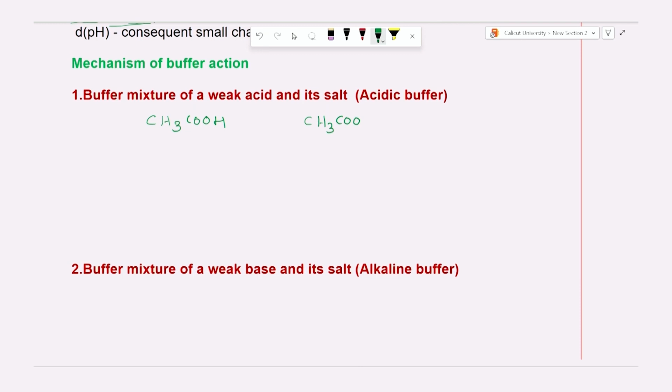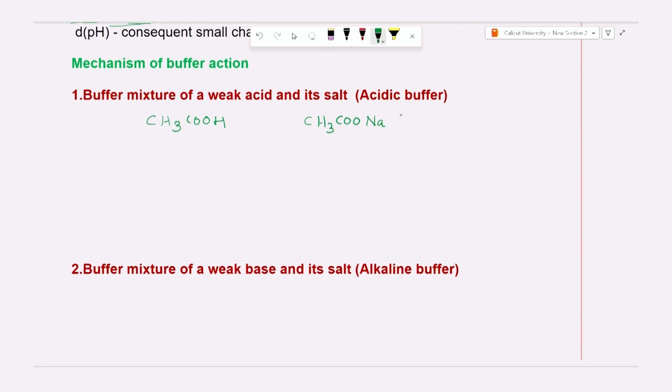You cannot put ammonium, it should come from a strong base. So, I am putting Na, or you can put potassium, from potassium hydroxide. Now, the weak acid does not dissociate much.